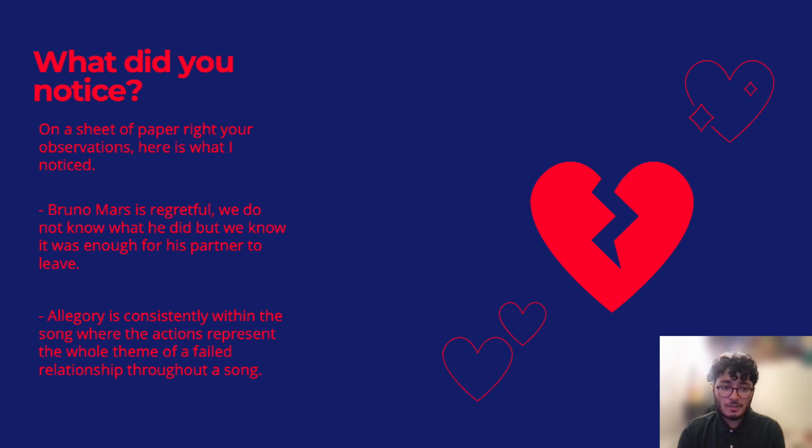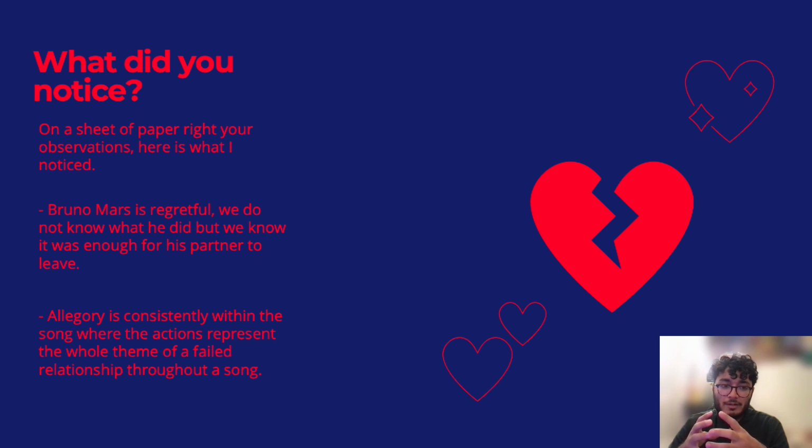Some things that I noticed throughout the song was just how regretful Bruno Mars was. We don't know what he did, but we do know, by running through the text and some of the word choices that he uses and some of the narration, because that's a literary device, that he's obviously very regretful about what he did to his partner.